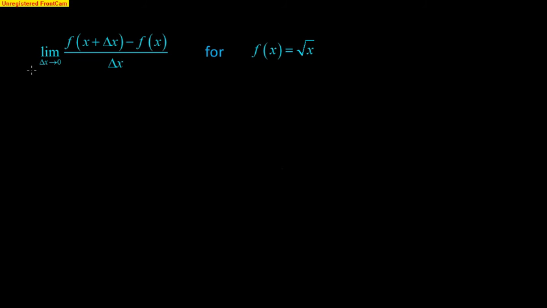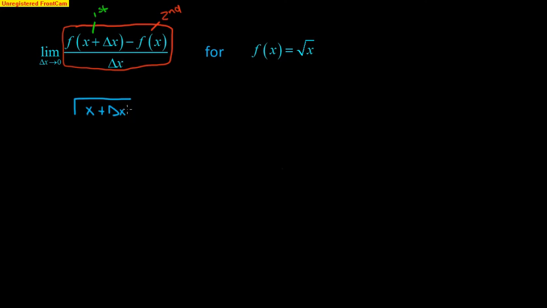Alright, so now if I just concentrate here first on the difference quotient part. Remember here that this is what I got to do first. I got to evaluate the function for x plus delta x. So that means wherever I see an x, I got to put an x plus delta x. So I'm going to have the square root of x plus delta x. And then I got to do this second.